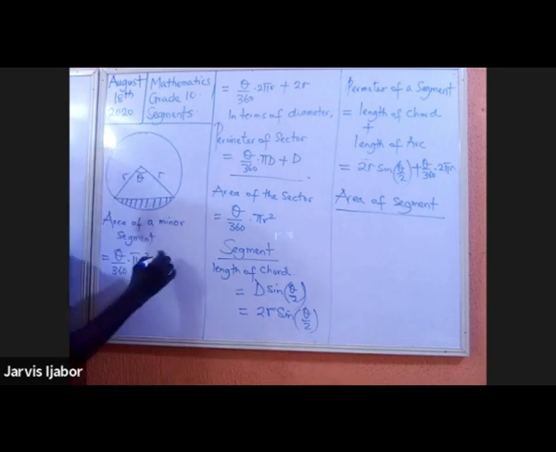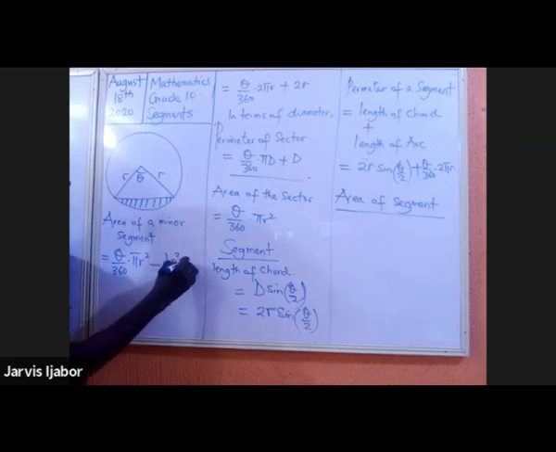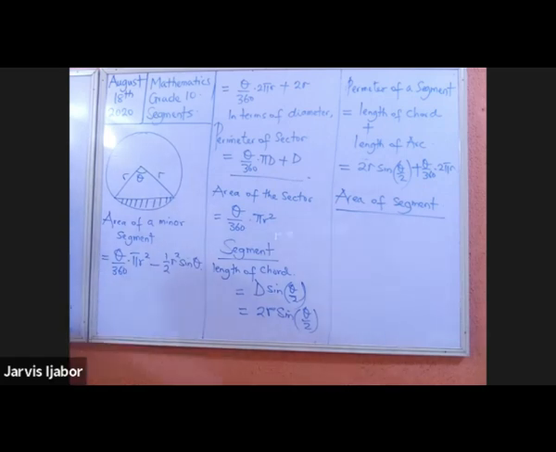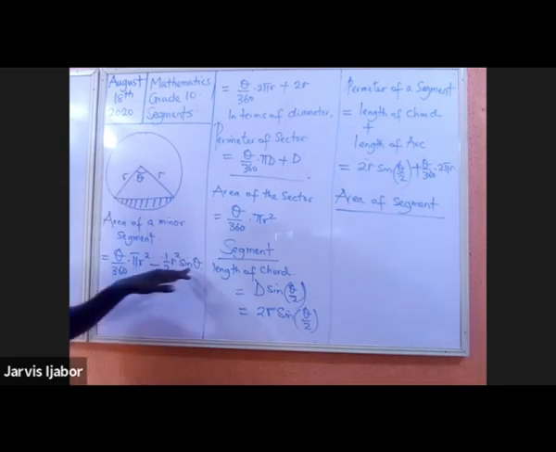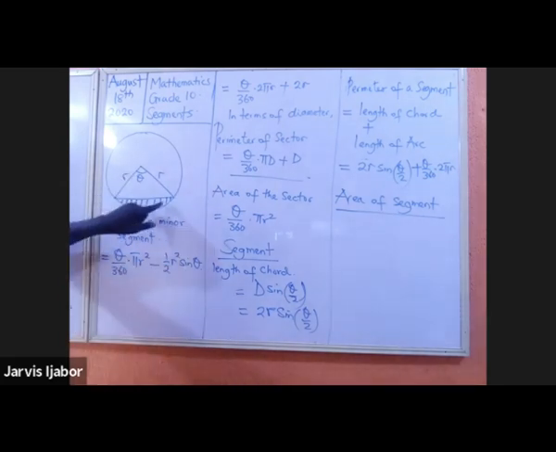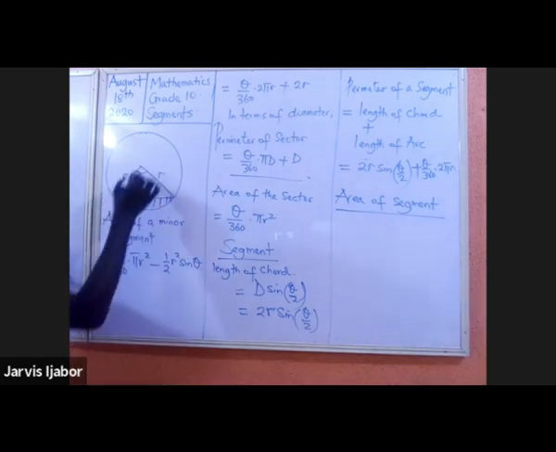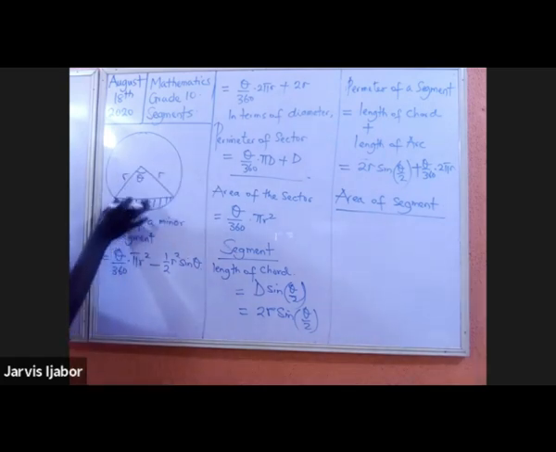What is the area of this triangle? Half r squared sine theta. So the area of this figure will be half r squared... no, it will be the area of the sector here, minus the area of this triangle. Look at it. If I count this triangle, I'm going to get this sector.